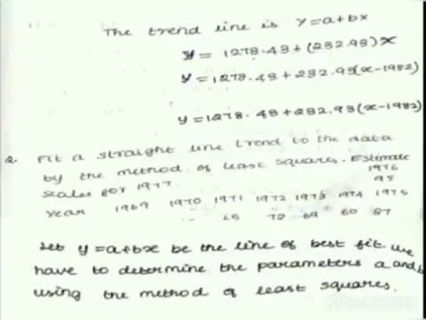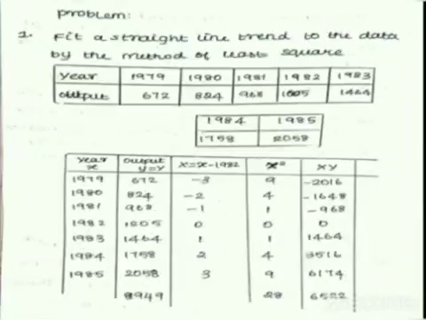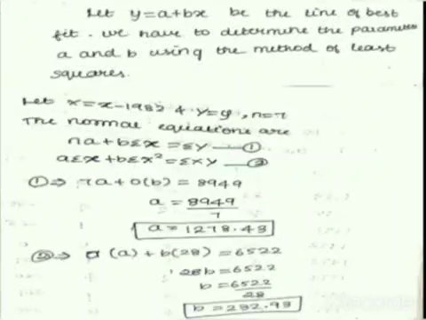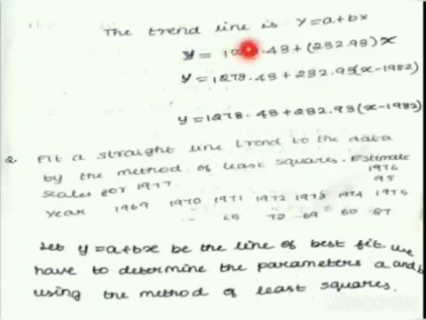So our trend line formula is capital Y is equal to a plus bX. We have to take capital Y is equal to a plus bX because in our solution we are converting, small y is equal to capital Y, and we are finding the value of capital X equal to x minus the mid value. So that we have to take in a solution also. Our trend line is Y is equal to a plus bX. After that you have to substitute capital Y is equal to small y. So here small y is replaced.